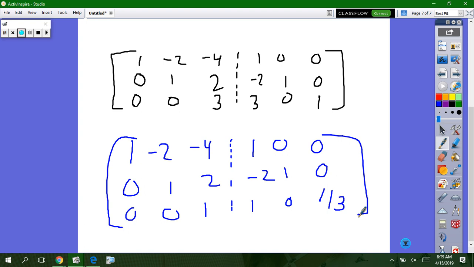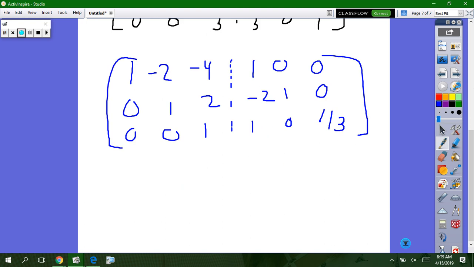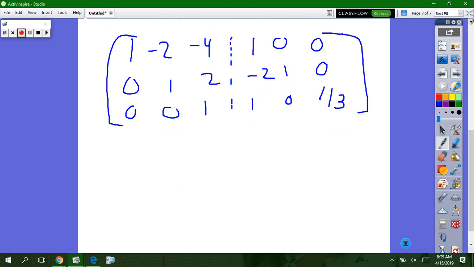Greg Hook, what's our next step, brother? What do you want to do? No, you're good. Where that 2 is above this 1, so this 2 right here, we want him to become a 0. How do we do so? We're going to go ahead and multiply what?